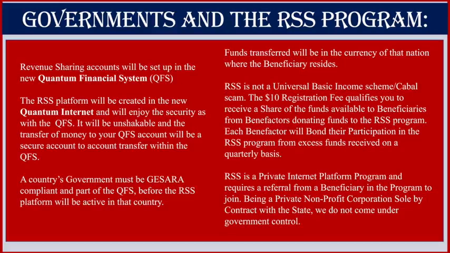But see, when you're in the quantum financial system, you can receive money into your account that the government will never know about, because the quantum financial system does not work with governments to tell them how much money is in a person's account. So the IRS or something like that won't have knowledge of anything.